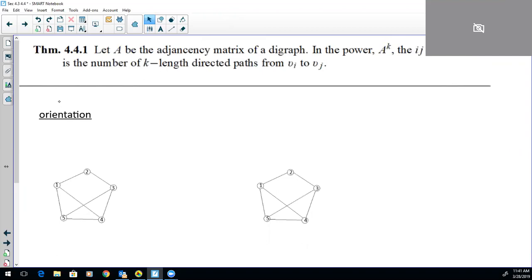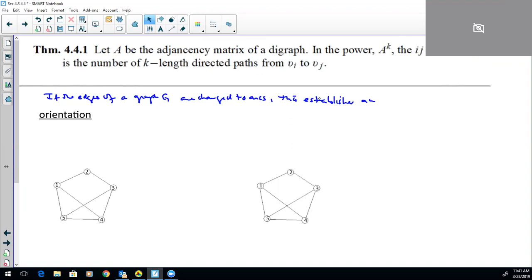When you take a graph, if the edges of a graph G are changed to arcs, in other words, we're giving them directions, then what we've done is established an orientation on G.